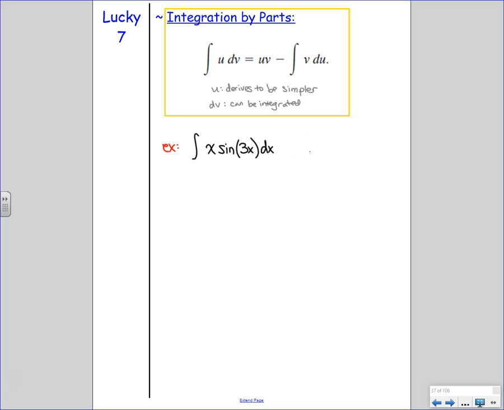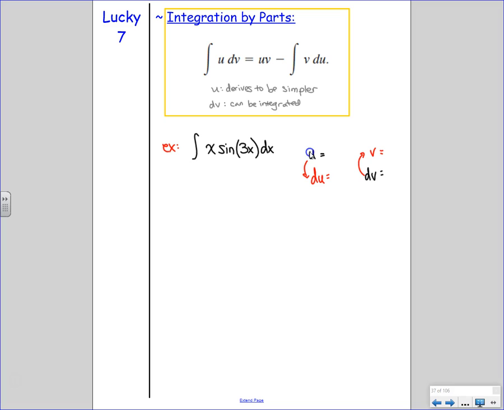Lucky 7 says, off to the side, think about the integral as having a u and as having a dv. And from the u, derive to find du, integrate to find v.